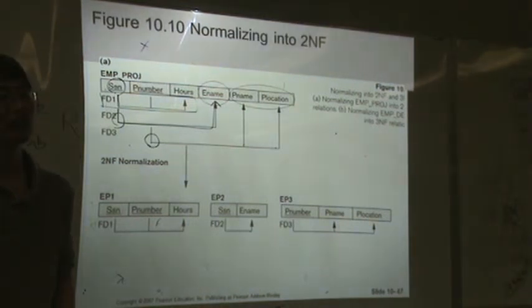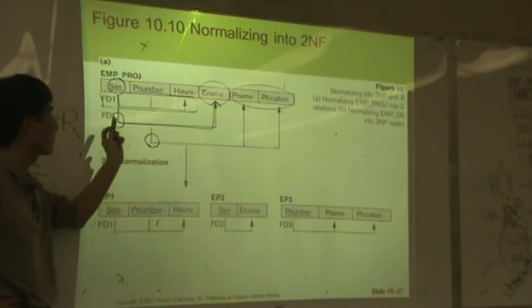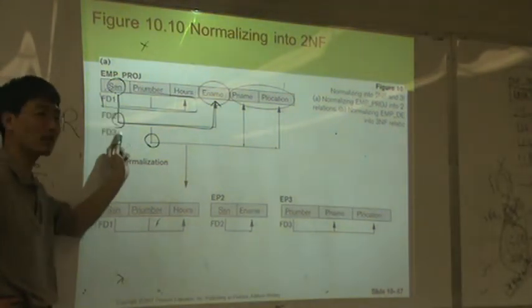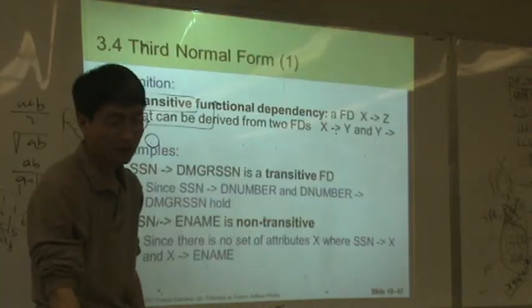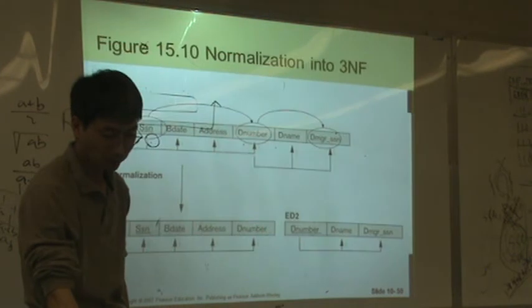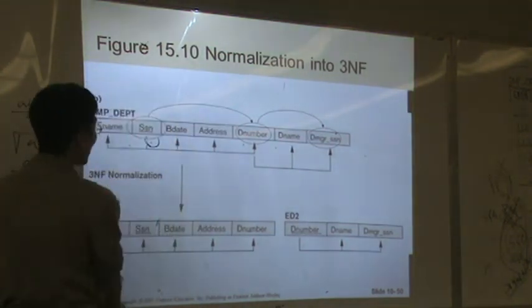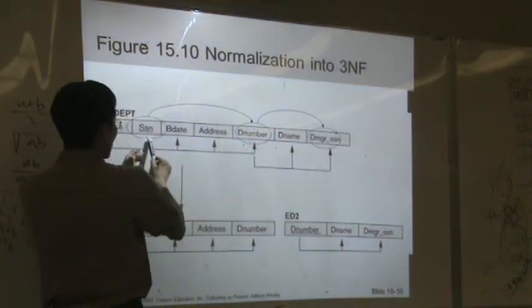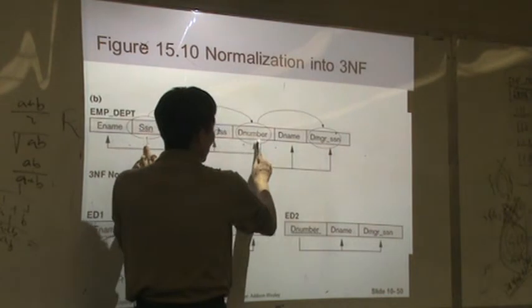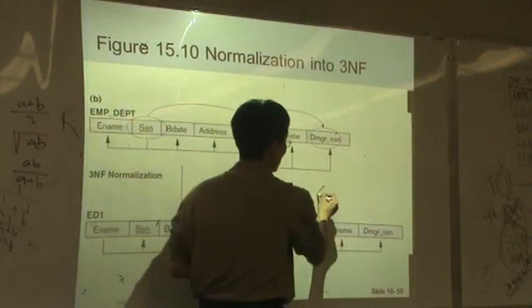Why? They have different meanings. This one and this one, they are different. So we don't want such different meanings. And third normal form: sometimes a functional dependency is not a partial dependency, right? There's no partial, but social security number determines D number, and D number determines D name. What is this?